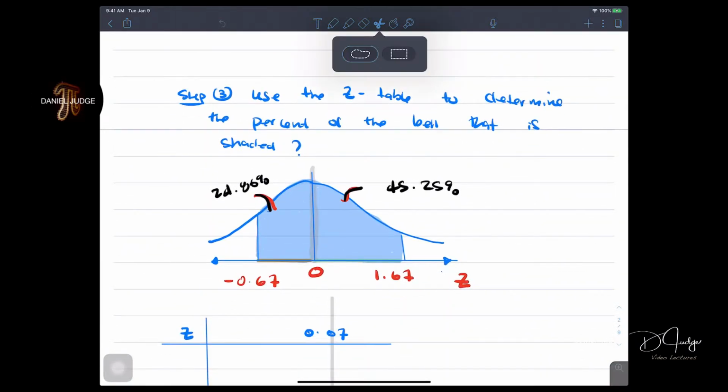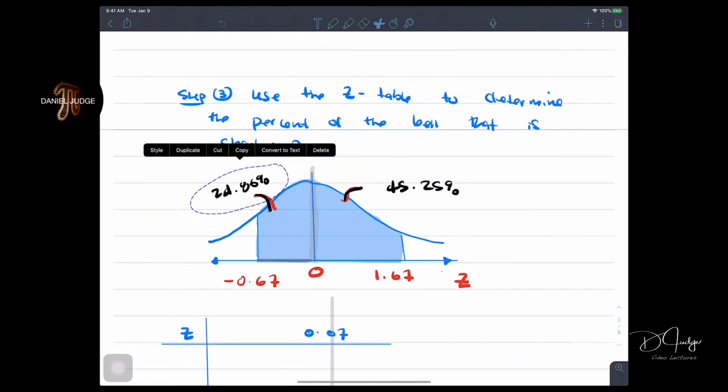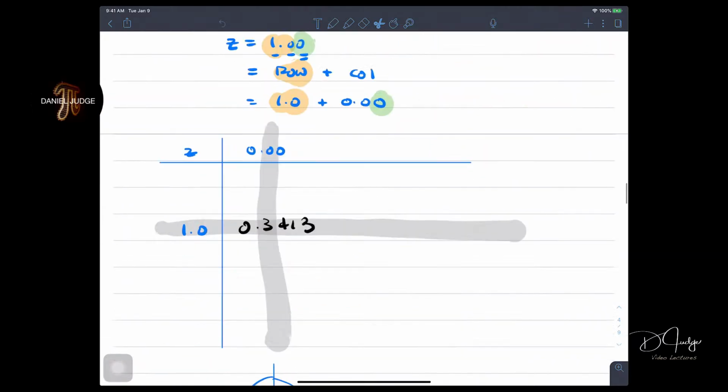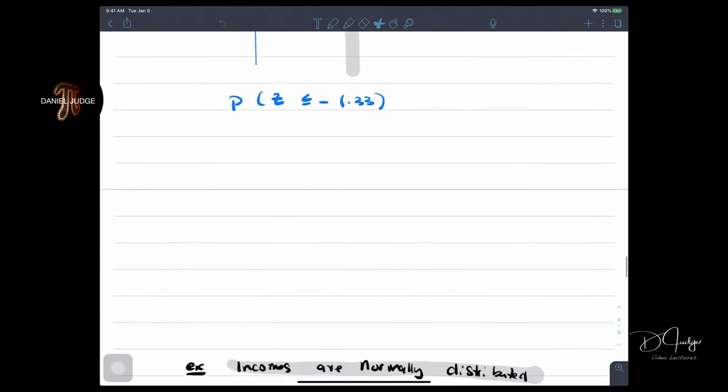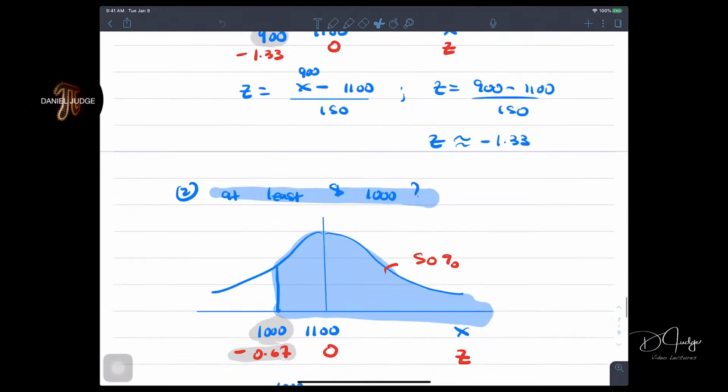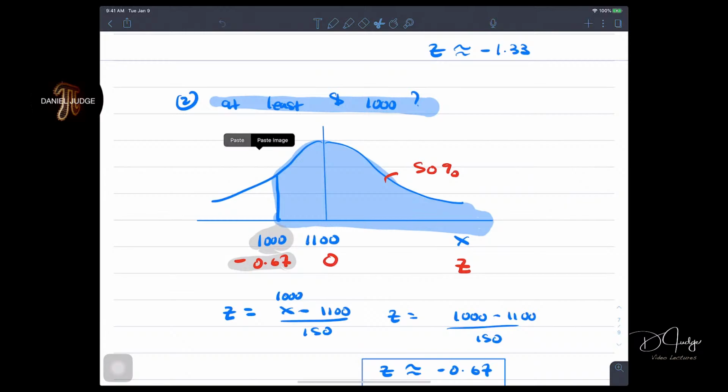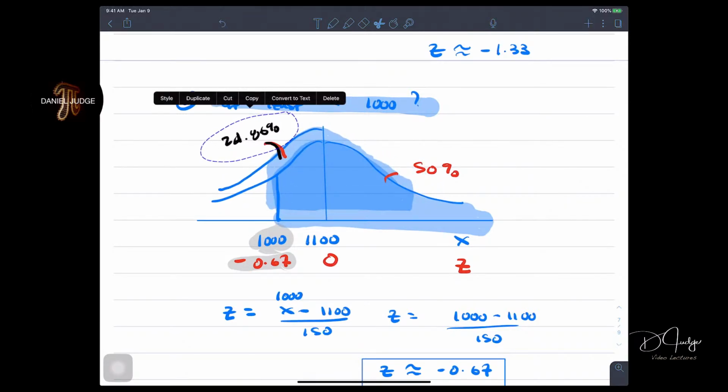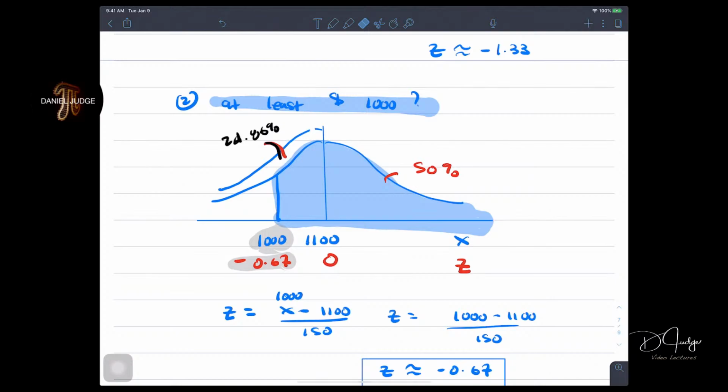Here we go. 24.86. I knew it. I didn't want to get all this. 24.86 goes right in here.